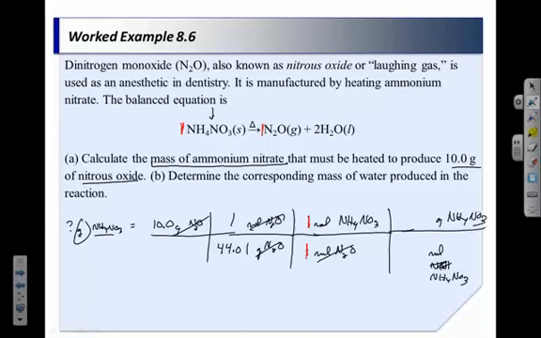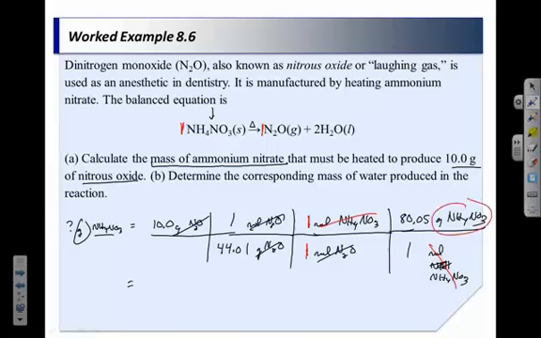That has 2 nitrogens, 4 hydrogens, and 3 oxygens, and I get 80.05 grams per mole. So now these cancel. I've got the unit I want.